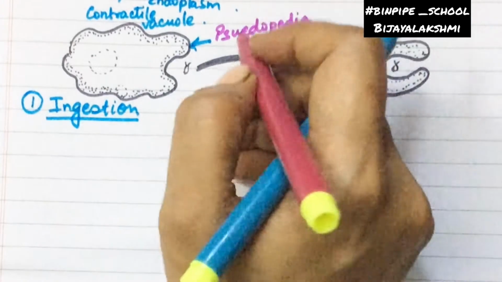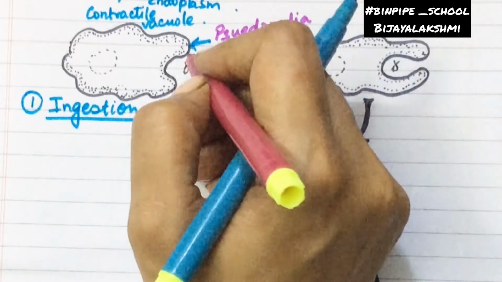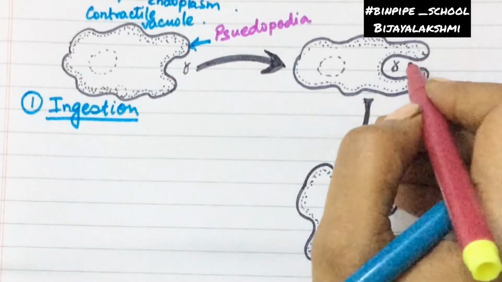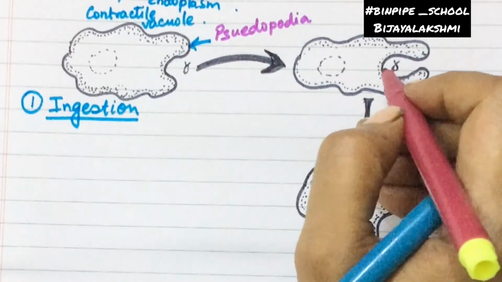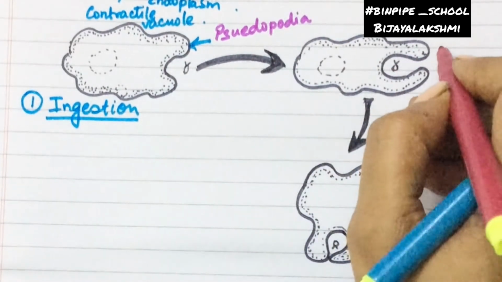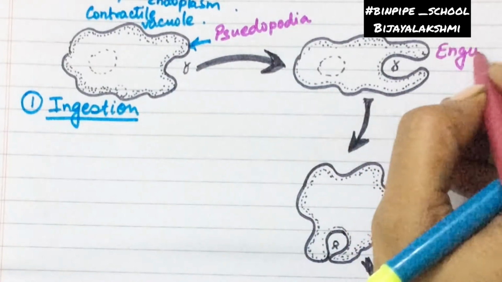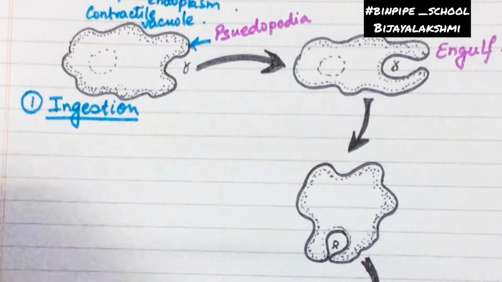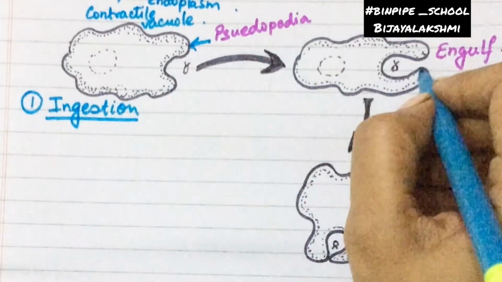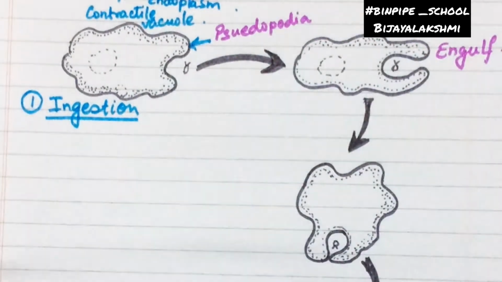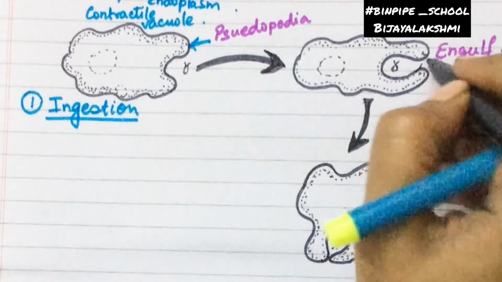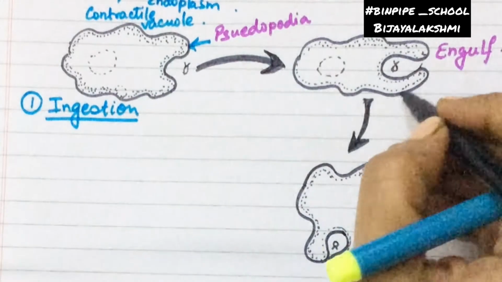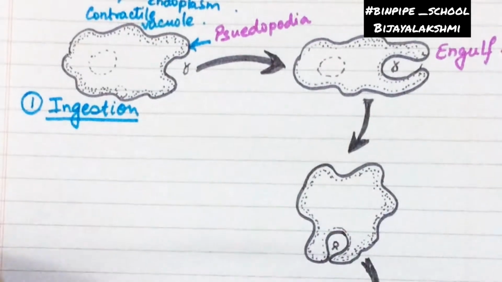When it elongates its pseudopodia, sensing its prey, its pseudopodia try to engulf the food and try to lock it. It captures the food and gradually keeps on elongating and locks it here.